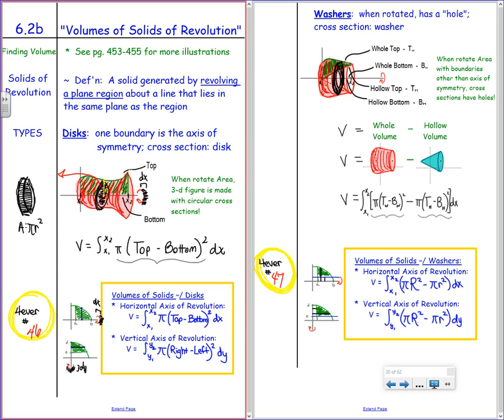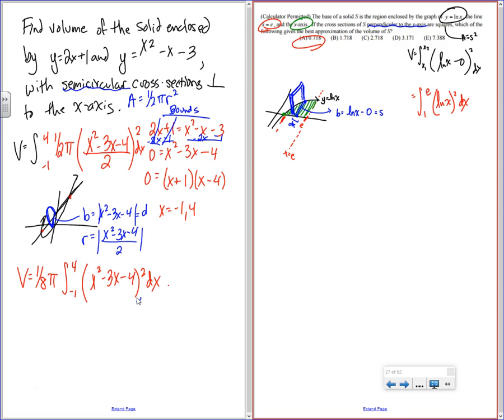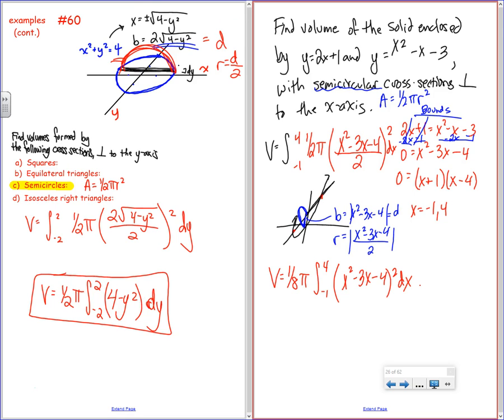Yeah, because disc looks a lot like what we've been doing. The only difference is when we were doing cross-sectional slices, instead of revolving a region, the region itself is a radius, top minus bottom is the radius. Cross-sectional slices, remember, had us popping up in those slices, starting with an entire region and coming up out of that region.